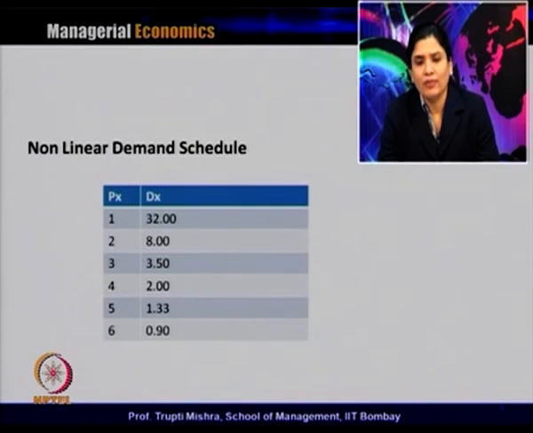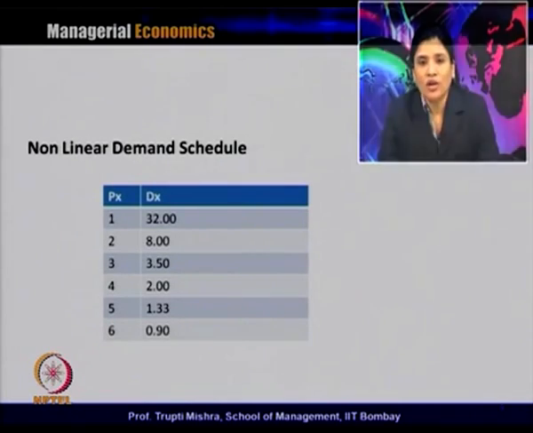Similarly for 4, 5 and 6, if you look at the trend, the quantity demanded goes on decreasing as the price is increasing. But here the point is not to establish a negative or inverse relationship between the price of x and dx. The point we are discussing here is that with each change in the price point, the change in the quantity demanded does not remain constant.